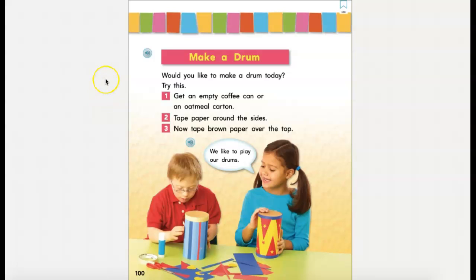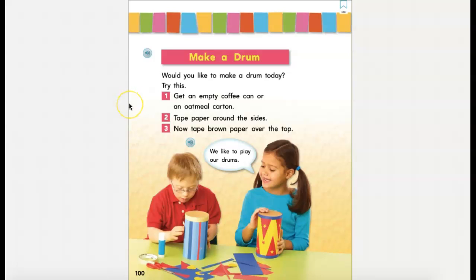The next part of our story tells us how to make a drum. It says, "Would you like to make a drum today? Try this." And then it gives us 3 steps on how we could make a drum.